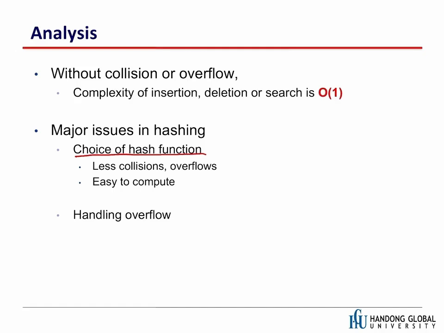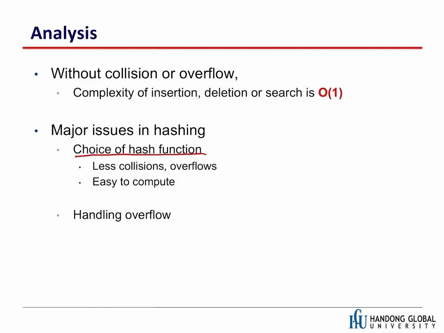And also, this function should be easy. Even though this is constant time, we still need easy computations for a hash function. Even though it is constant, in practice, constant matters sometimes. So ease of computation is another important factor.